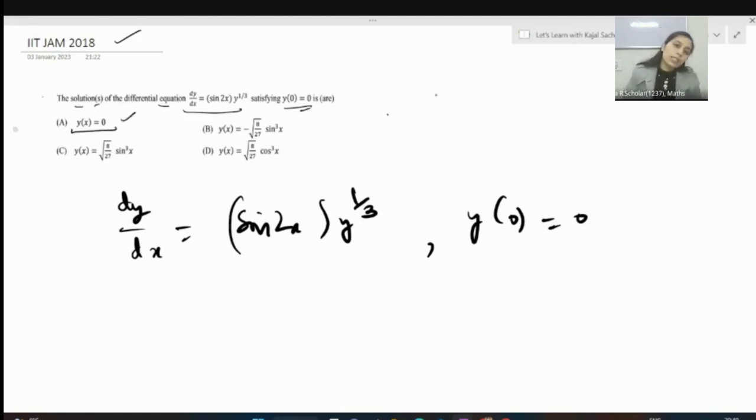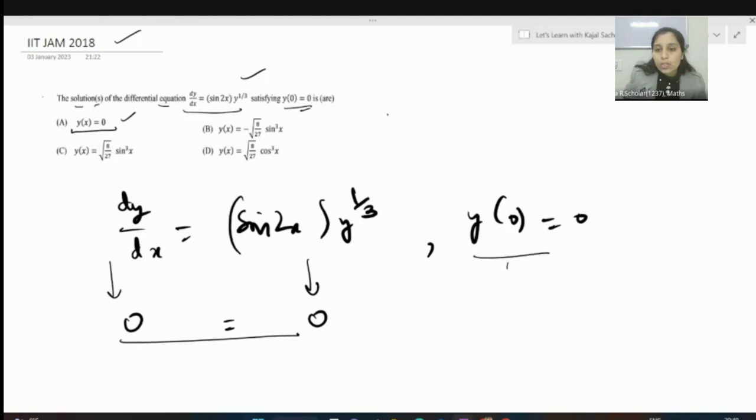If this is a solution, then it should satisfy the given equation. y = 0 gives this side 0, and y = 0 also gives this side 0. So this satisfies the given equation, and the condition also. So this is a solution.